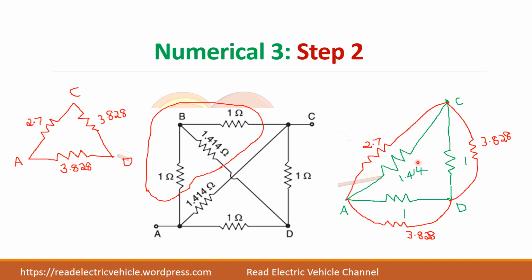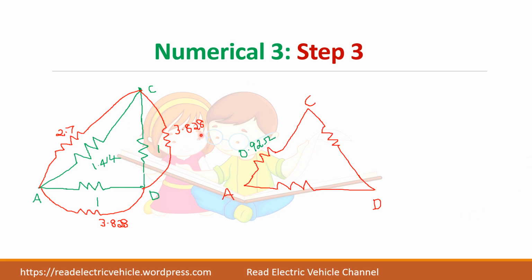Okay, now it becomes a very simple circuit. These two are in parallel, these two are in parallel, these two are in parallel. Do the calculation. So this is 0.92, this is 0.79, and this will also be the same value. Now we have to find the resistance across AC, so A and C only.